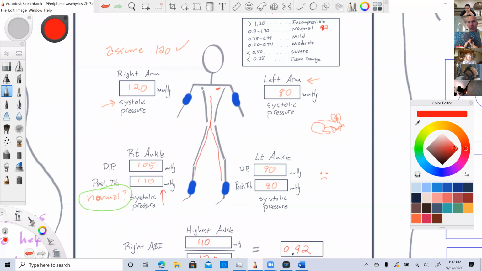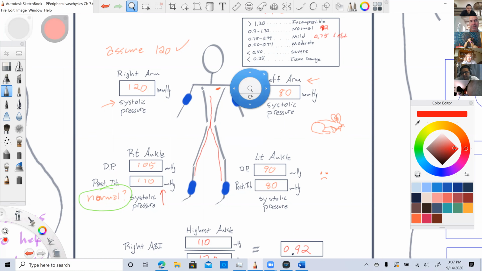Yes, that is mild, and actually on the borderline between mild and moderate, 0.75 on the left. So this person's definitely showing some signs of disease. And obviously, as our numbers get smaller and smaller, we're getting closer and closer to severity or tissue damage.